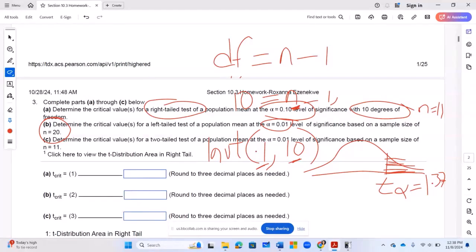So all I have to do is inverse t, area to the left in decimal 0.01. The sample size is 20, therefore 20 minus 1 is 19. So the degrees of freedom is 19. I'm just going to pull my calculator up and do what I did before.